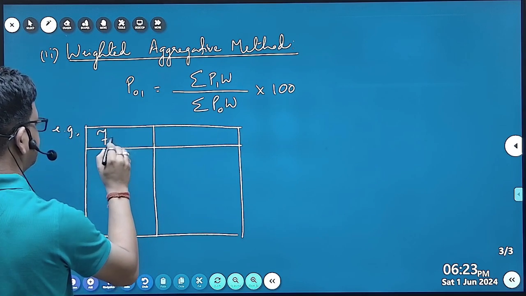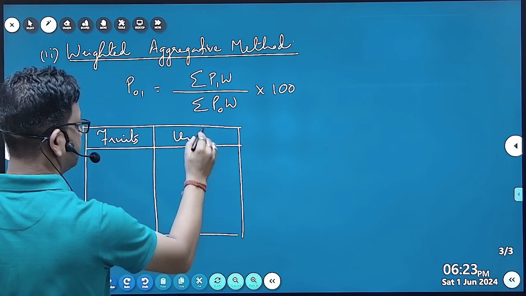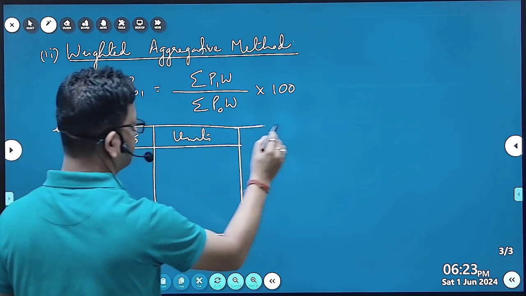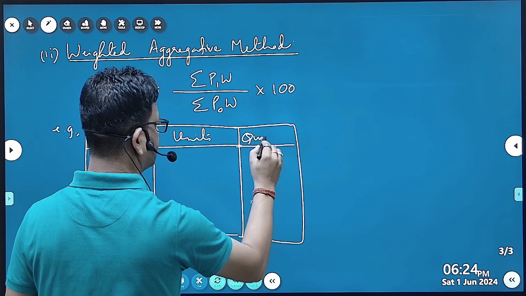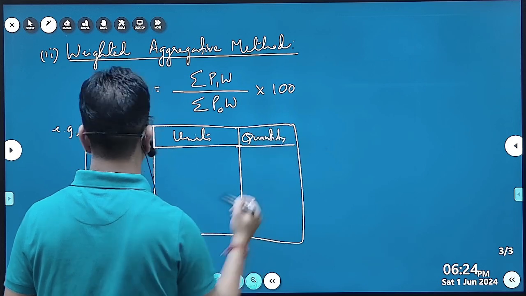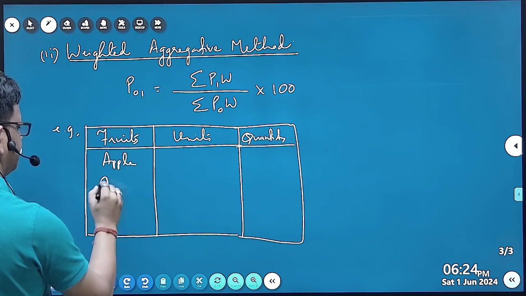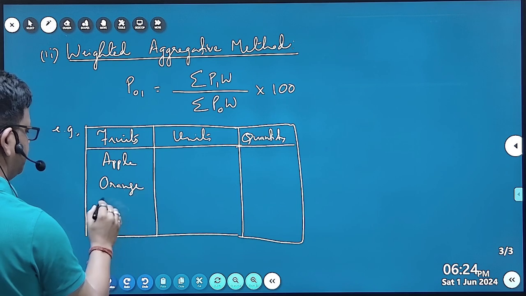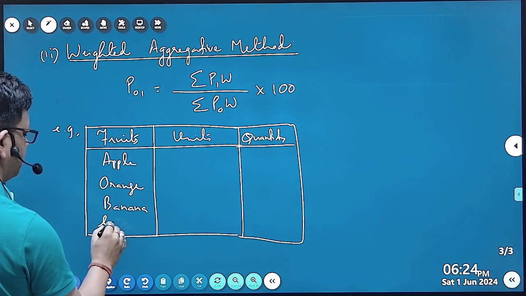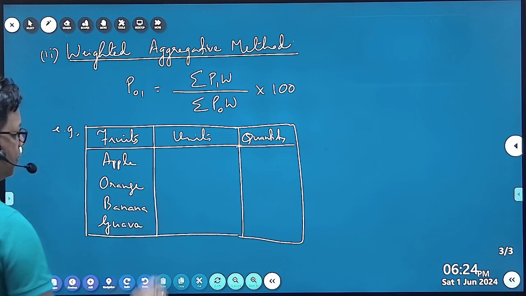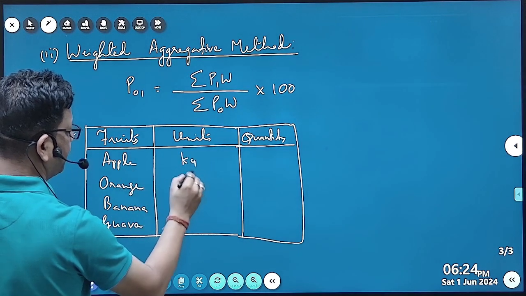Suppose these are fruits, these are units, these are quantities. Once again, suppose apple, orange, suppose guava. Units, here it will be per kg.